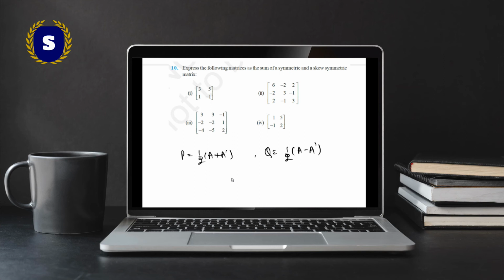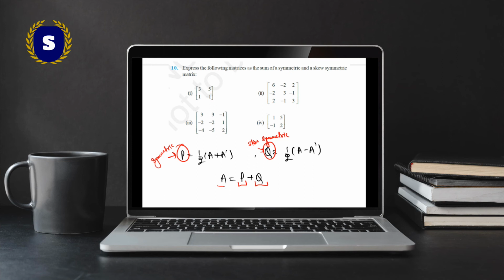Finally, we can write down matrix A as the sum of P plus Q, where this P is a symmetric matrix and Q is a skew symmetric matrix. Hence, we'll get a matrix A which is the sum of a symmetric matrix and a skew symmetric matrix. Hope the technique is clear to you.